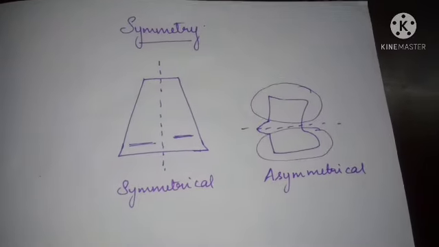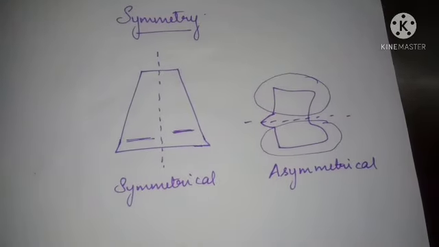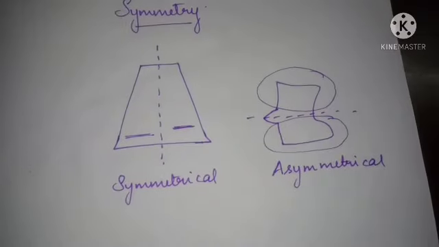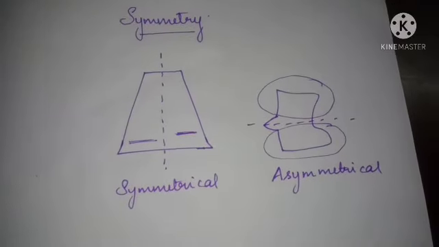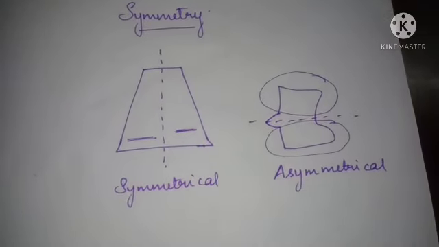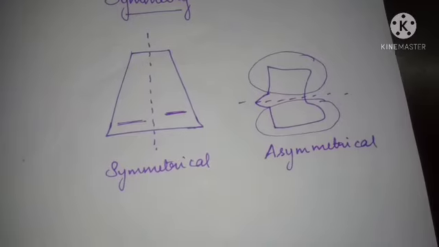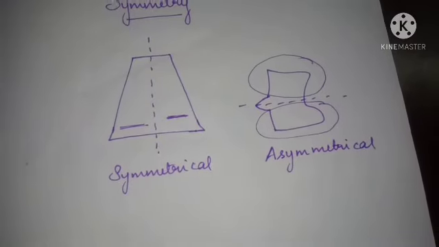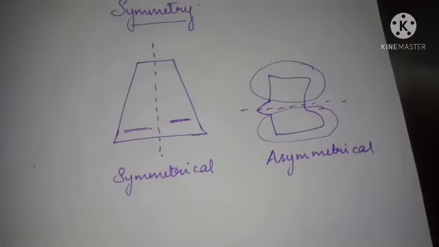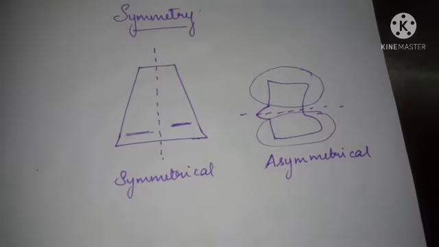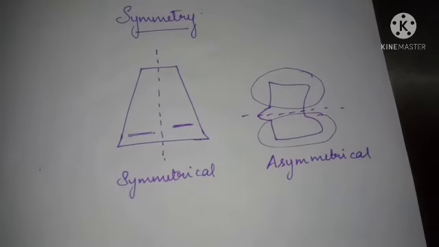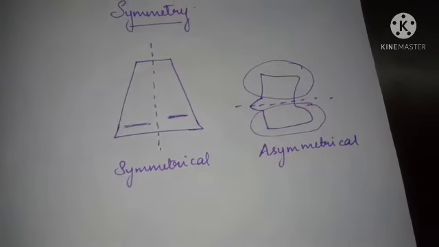Mainly in temples and many buildings you can see it is equally proportionate on both sides. When you divide that building into two parts, the left hand side part will be equal or proportionate to the right side part. That is called symmetry.